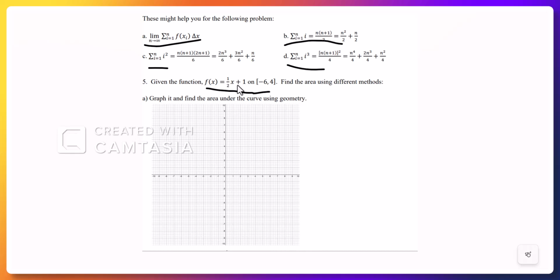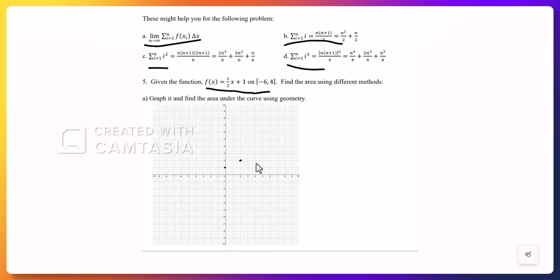So we know that when the x is 0, the y at the y-intercept is going to be 1. It's going to be growing at a rise of 1 over a run of 2. So what that means is, when it goes across two x intervals, it's going to increase by 1 y.